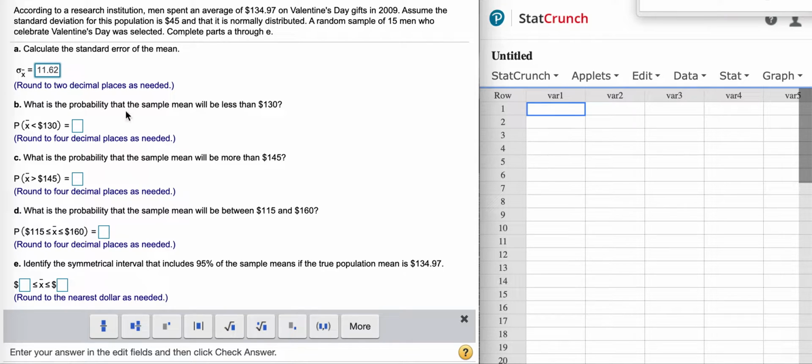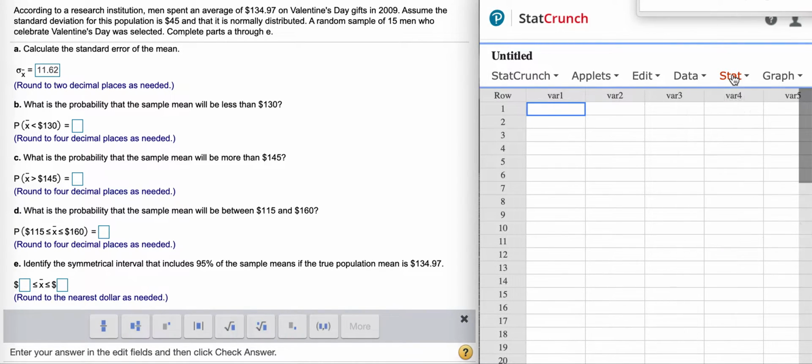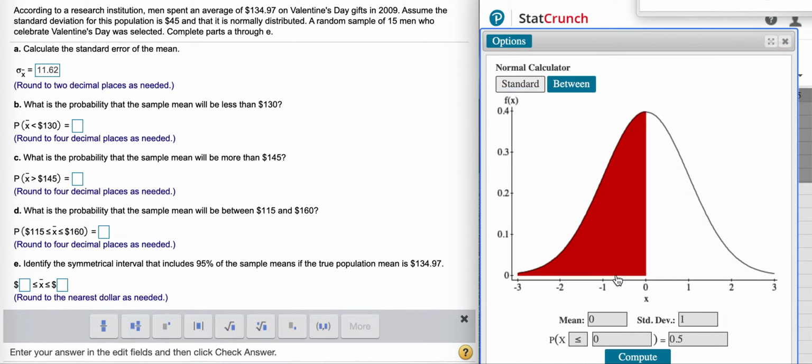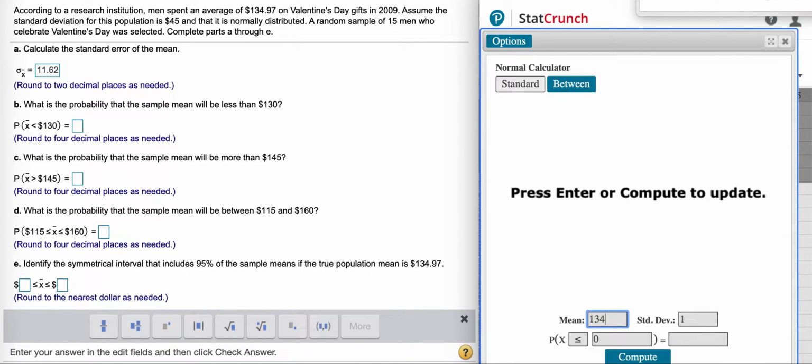So for part B, what is the probability that the sample mean will be less than 130? In StatCrunch, I'm going to get my calculator out for the normal distribution. We said that we're looking at something that's normally distributed with the mean the same as the mean of the population, so that's 134.97.